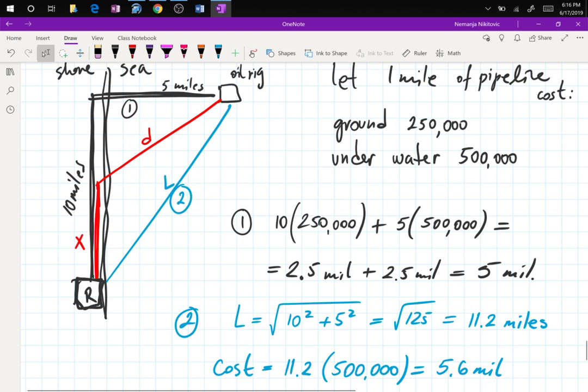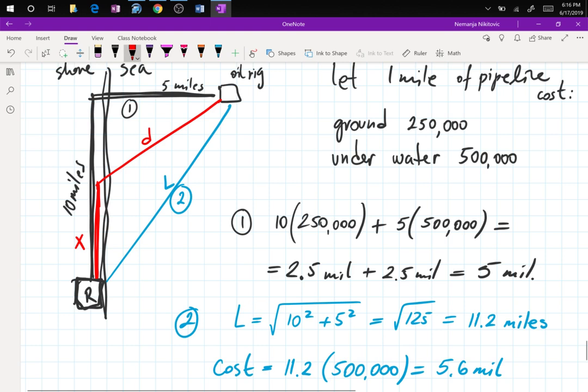So I am going to minimize the cost equation and see what I get. But before I do that, I can't write the cost equation because I don't have x and d yet.